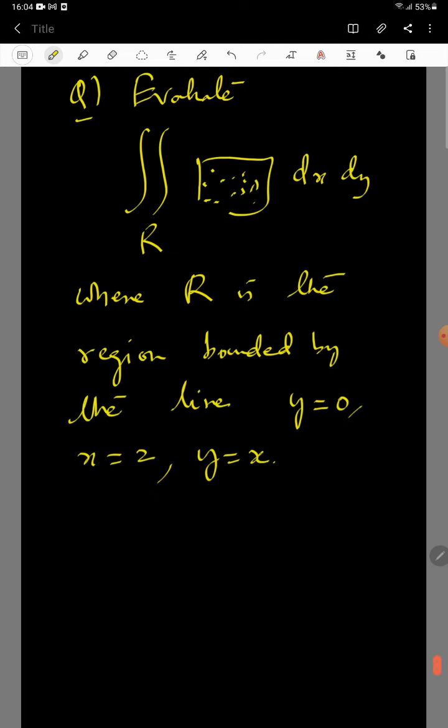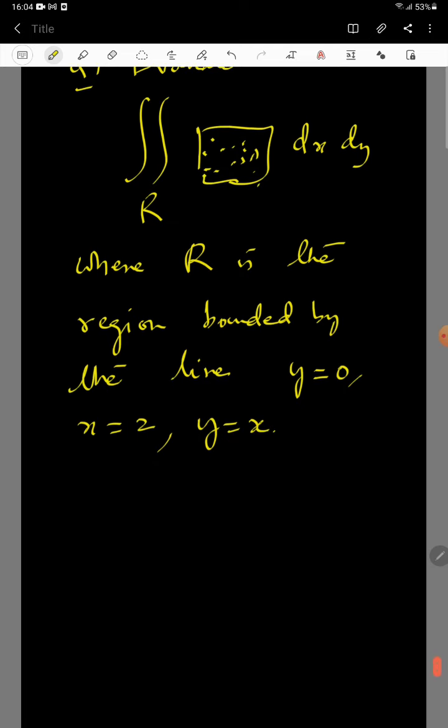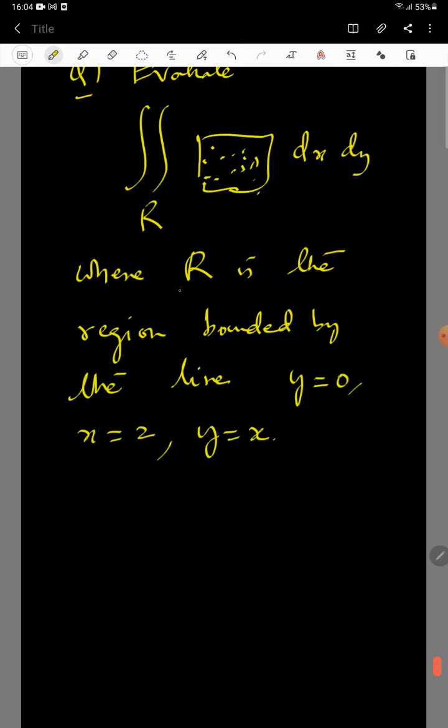Now in this case, the integrand is not important. What is important is the limits of the region.